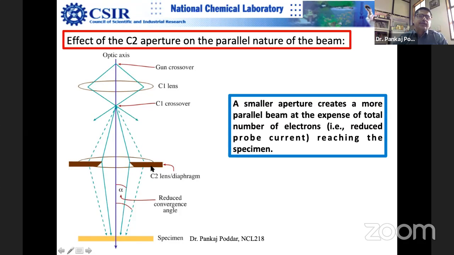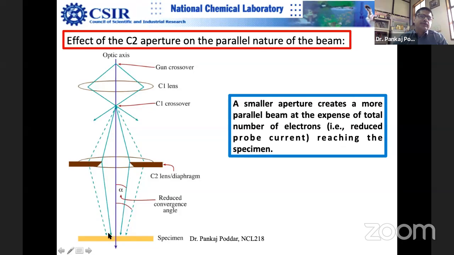At the C2 lens, condenser 2 lens, and condenser aperture, you are cutting most of the electrons. Only the electrons under the solid lines are able to go through. On the other sides, electrons are blocked by this metal plate. If you weaken this lens, this angle will decrease and the electron density will increase.